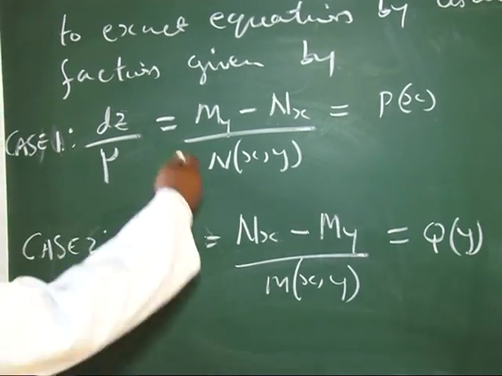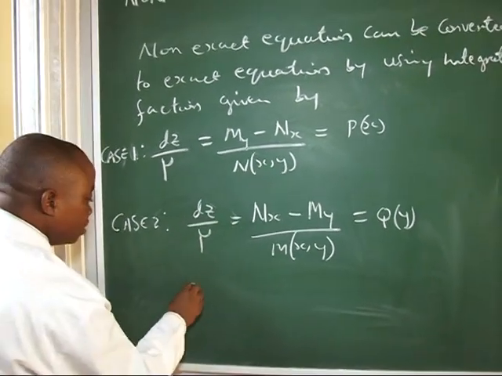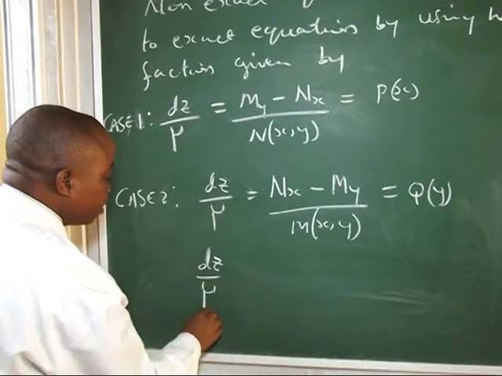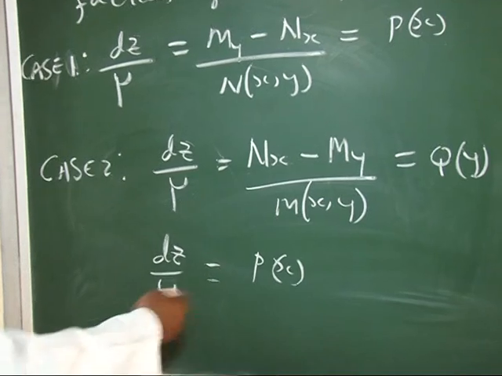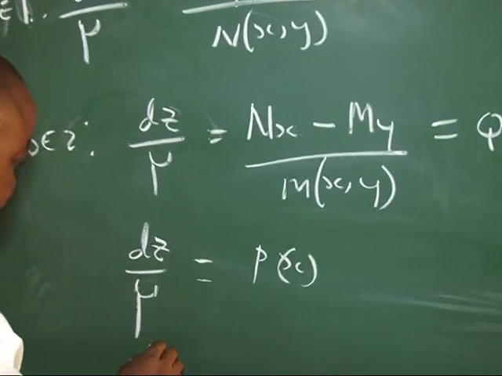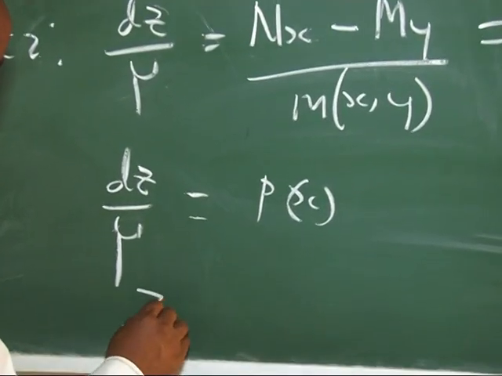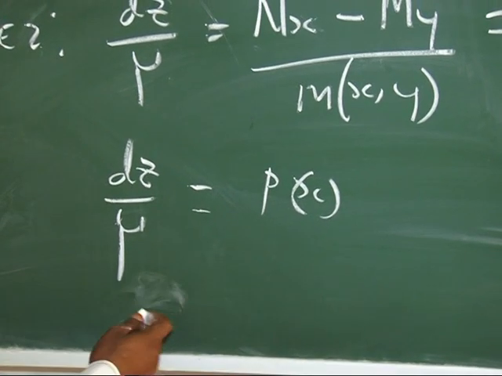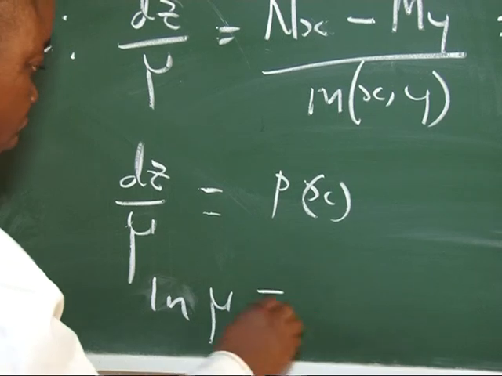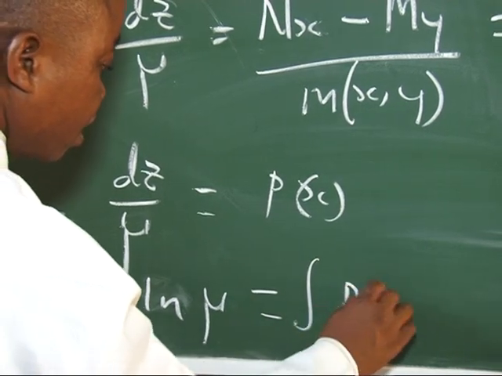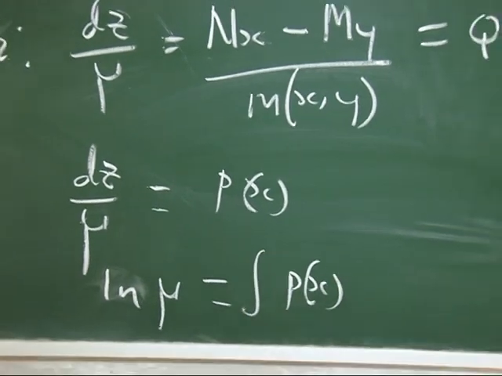Now you see that in the first case, case 1, if we have dμ over μ equal to p of x, now integrating both sides, we'll have that ln μ will be equal to the integral of p of x.